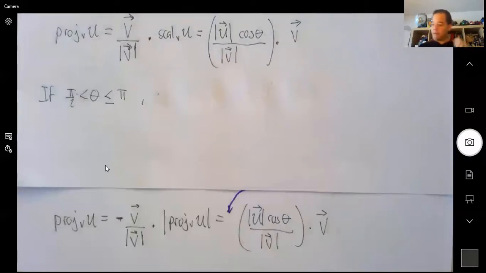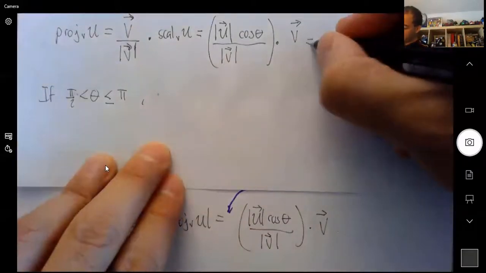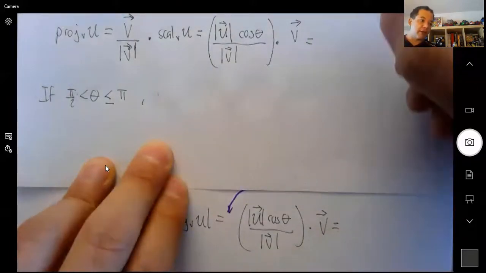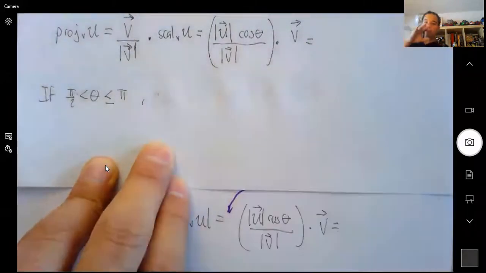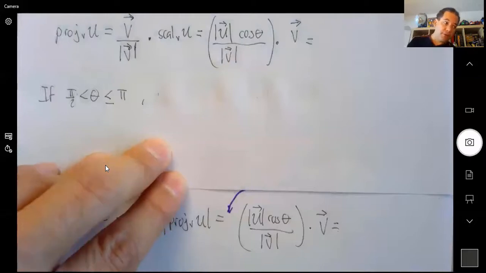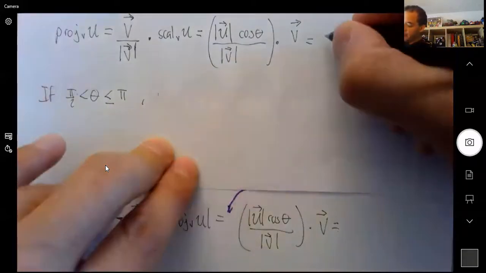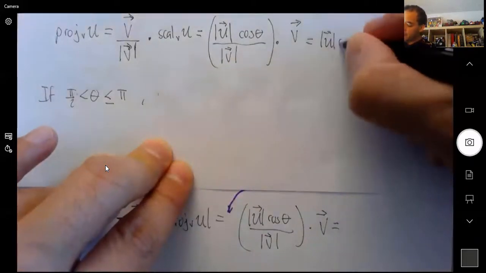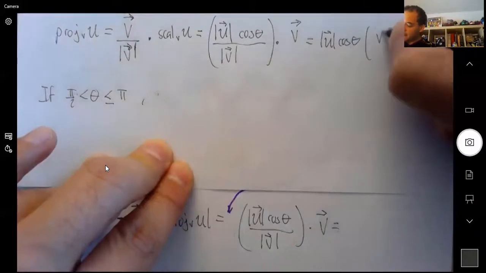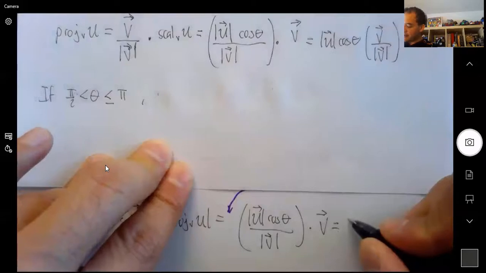The book writes it a little differently. I don't know exactly why, but I like to write the number and then the vector. The book writes it as u cosine theta times v over magnitude of v, which is the same over here.